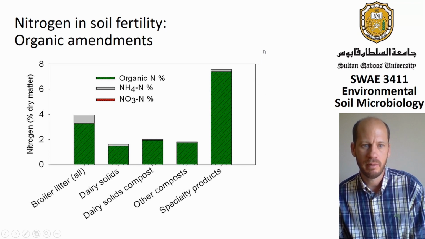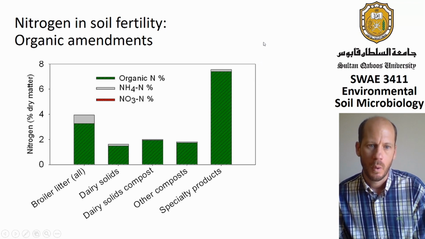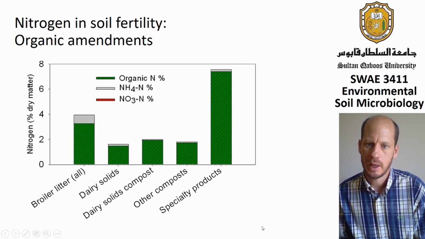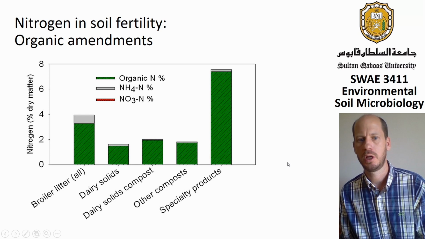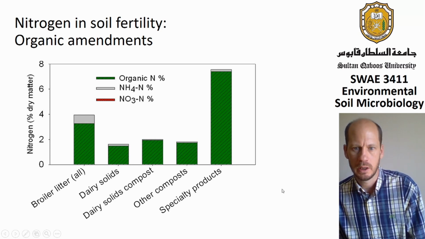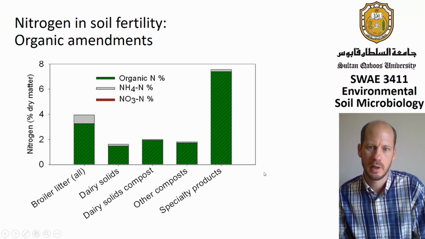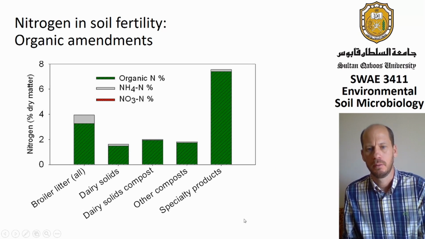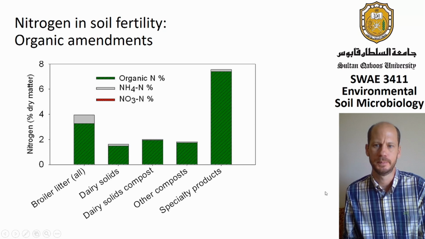So independently of how much nitrogen you have in your organic amendment, this organic amendment will always be a good input for your soil, and it's worthwhile using it. If it's cheap enough that you can apply in high amounts, make sure you use and recommend those.